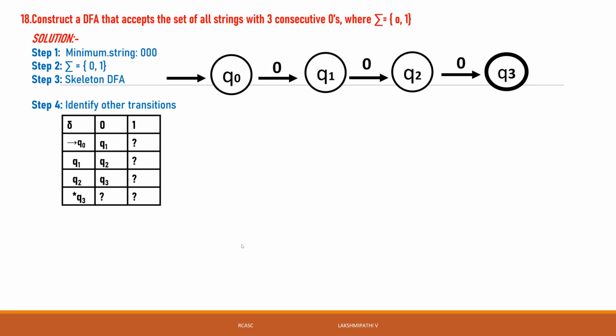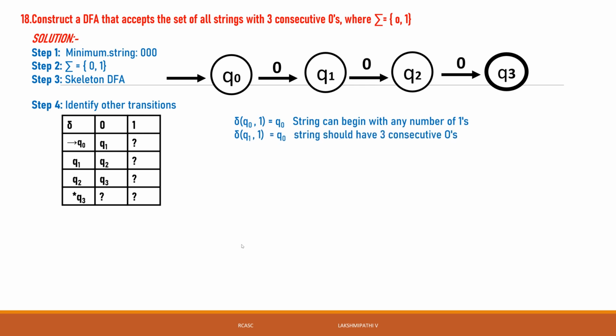Transition of Q0 of 1 will produce Q0 only, because the string starts with any number of ones. Transition of Q1 of 1 will produce Q0 only.